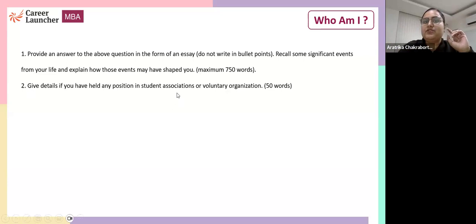And any position you have held in a student association or voluntary organization, meaning either you have worked with any NGO, or you have volunteered. In some cases some students, I have seen, I have experienced, I have done it myself. When I was doing my graduation, I worked as a volunteer teaching students around. Okay? So you can mention that.